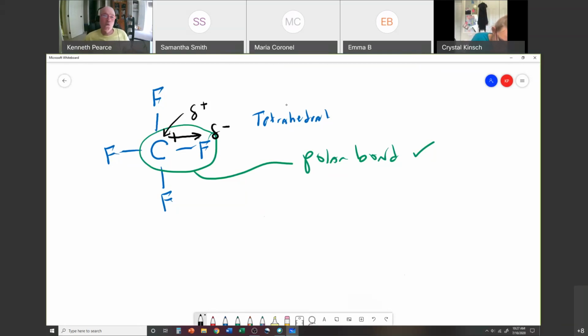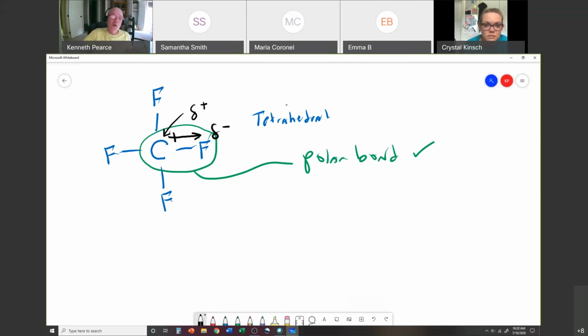Okay, yeah, no problem. Polar bonds. But what about the molecule itself? Now, I don't know how far you've gotten in math, but you may remember this term called a vector. A vector is something that has a magnitude and a direction. Well, that partial plus, partial minus has a magnitude and it has a direction. It's pointing towards the fluorine.